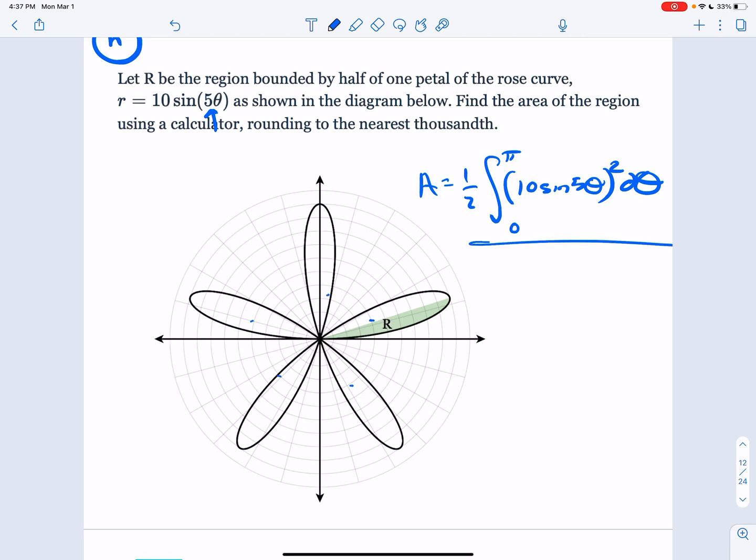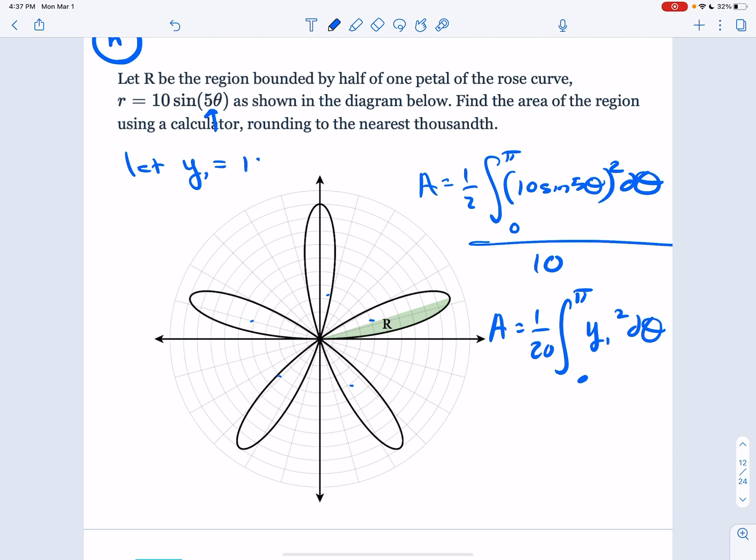I only want 1 out of the 5, but I want half of 1, so that's divided by 10. Divided by 5 and divided by 2 is the same thing as dividing by 10. So this simplifies out to 1 over 20 integral from 0 to pi of y1 squared d theta, where we let y1 represent 10 sine 5 theta.